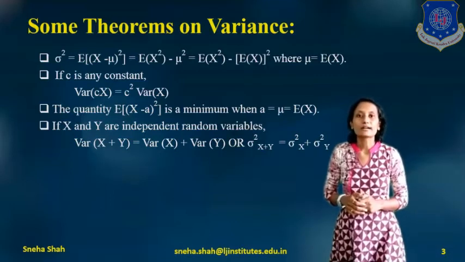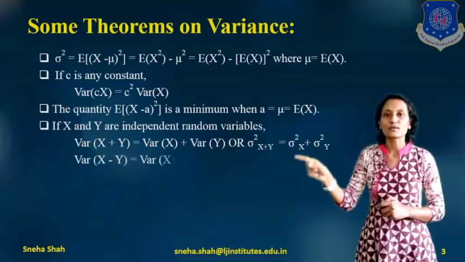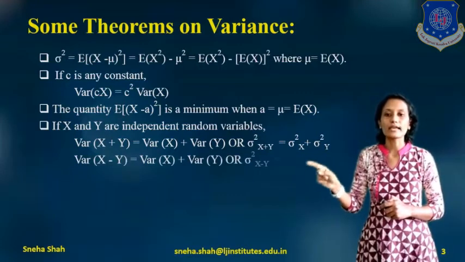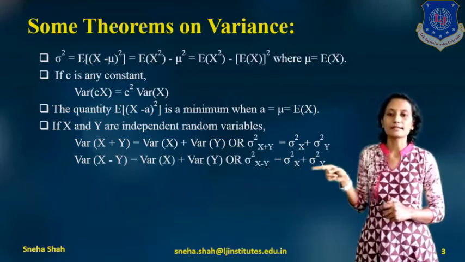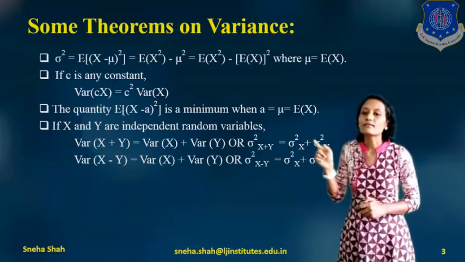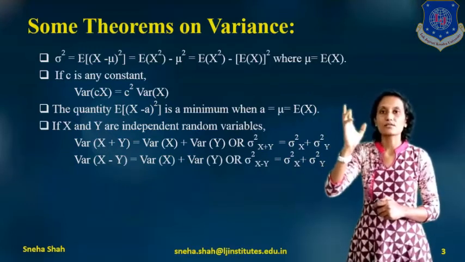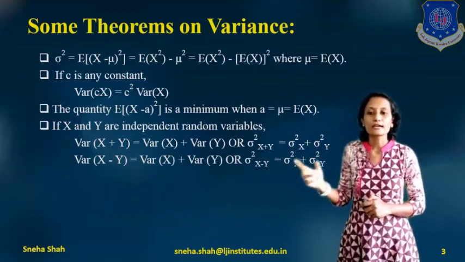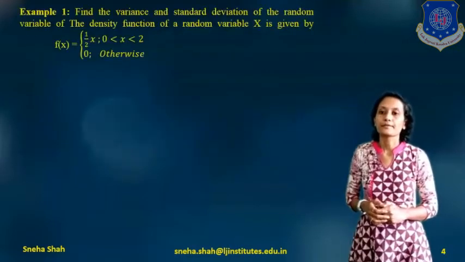Similarly, variance of x minus y will be variance of x plus variance of y, or sigma x minus y square equals sigma x square plus sigma y square. Why are we taking plus? Because we are taking the square value, so minus square we consider as plus. So here also we take the summation of variance of x and y.